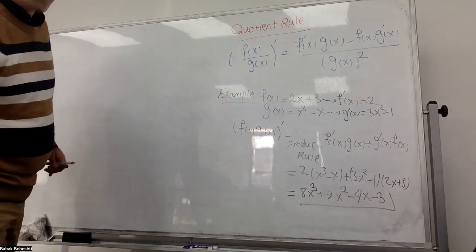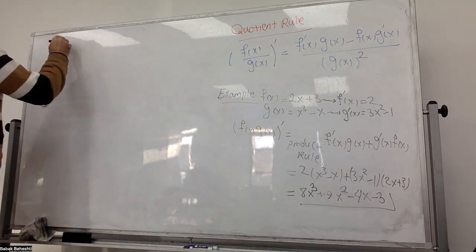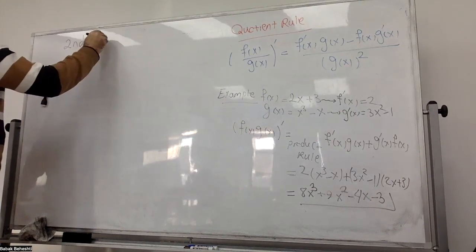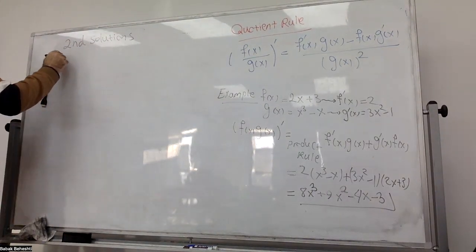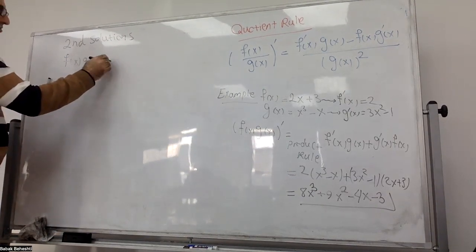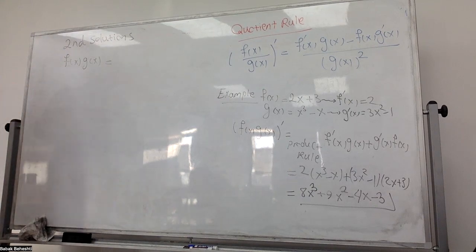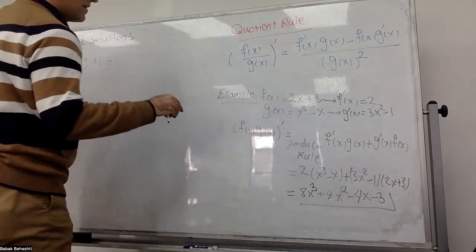Let me write it as a second solution. So what is f of x times g of x? Let's first compute f of x times g of x. What is it? Compute it.